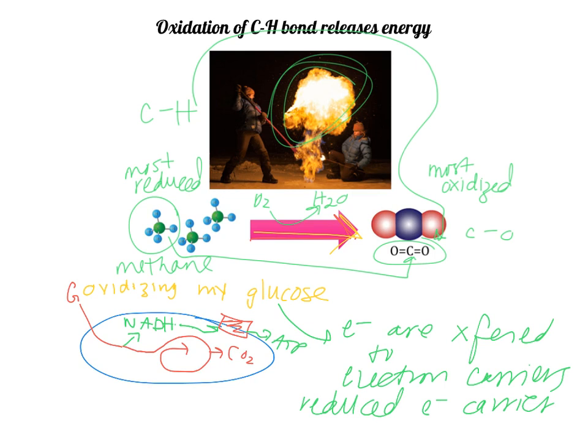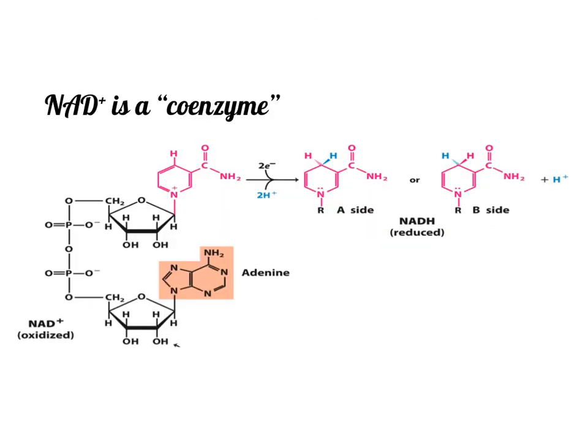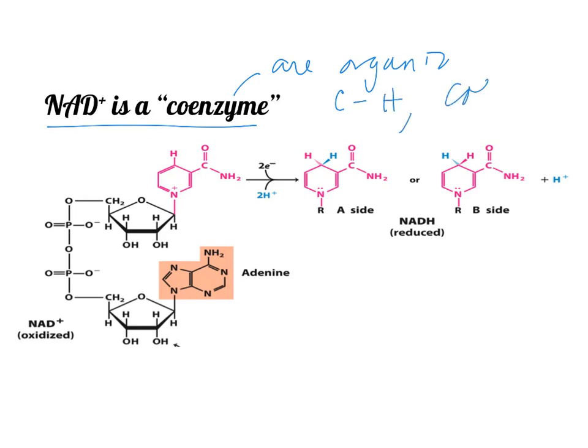We also are going to get some substrate level ATP coming out of here. So let's meet NADH. NADH is called a coenzyme. Coenzymes are organic, which means they have carbon-hydrogen bonds, versus a cofactor is inorganic.